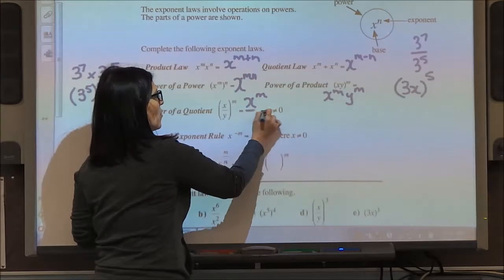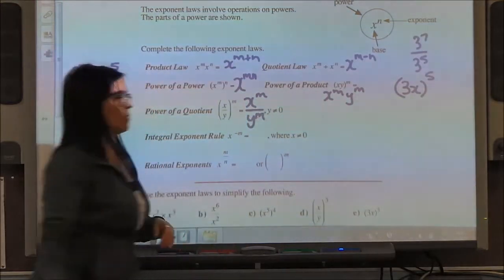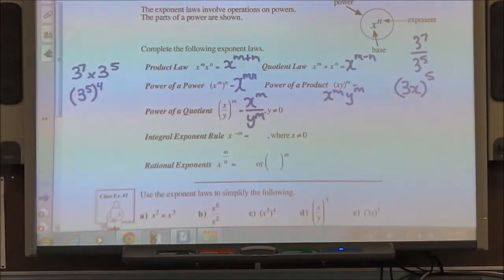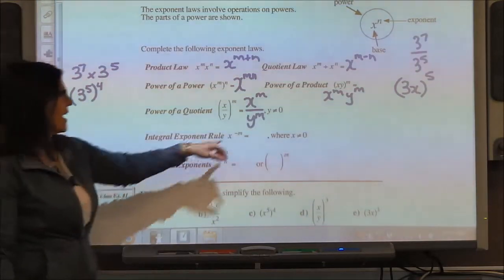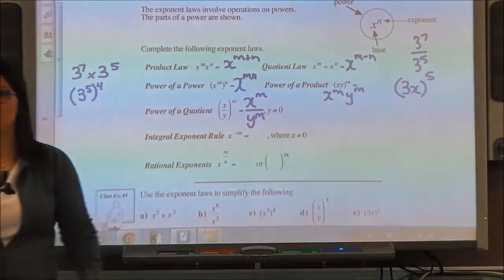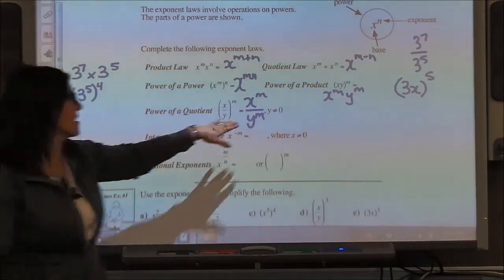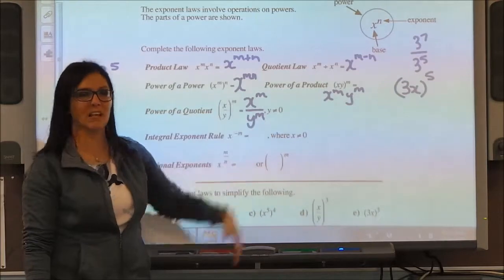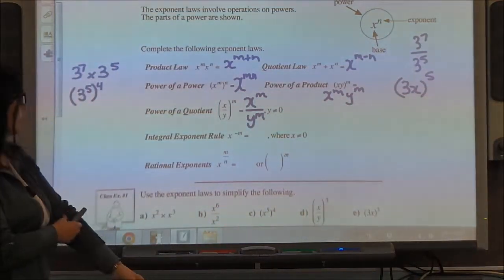X to the power of m over y to the power of m. Why do I have that y can't equal 0? What happens if y equals 0 in that question? Why can't I do it? Yeah, I can't divide by 0, so that's why the restriction is there. Y can't be 0 because then I can't actually solve this question.